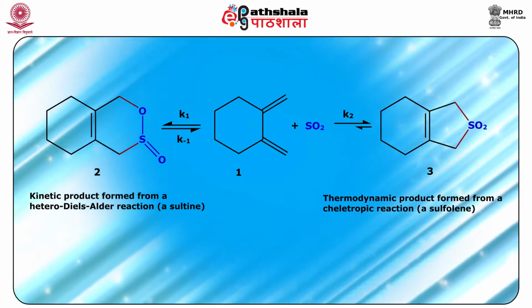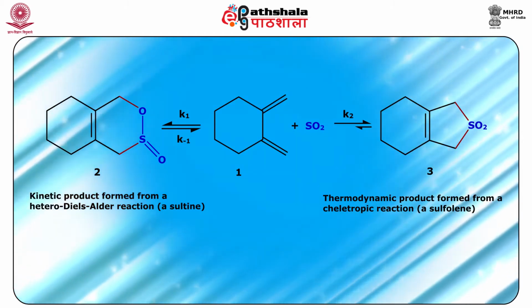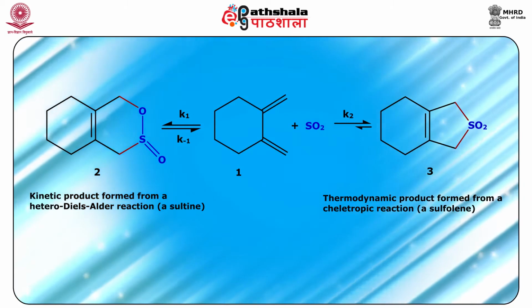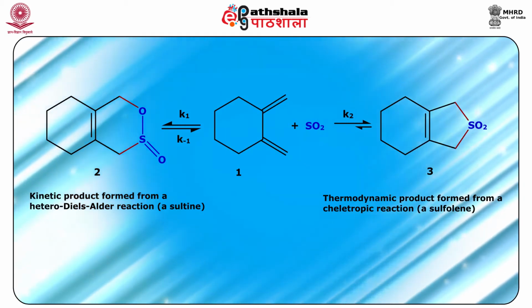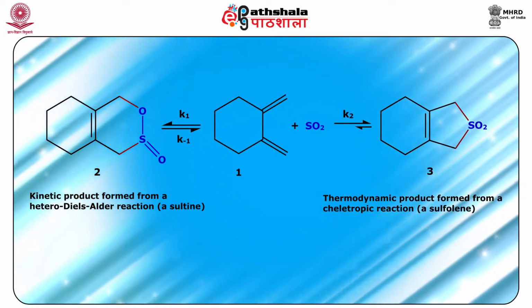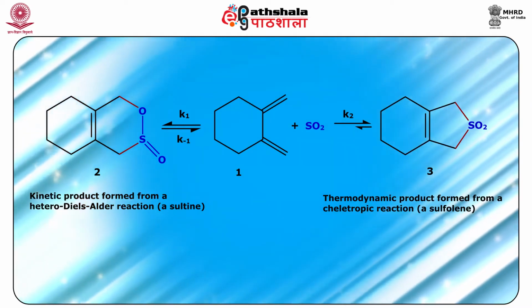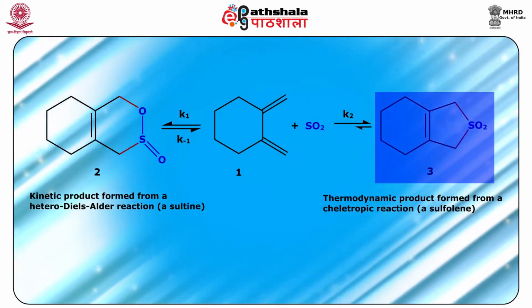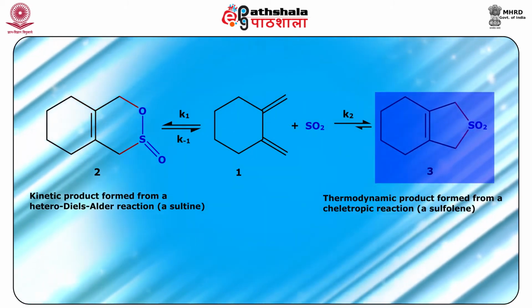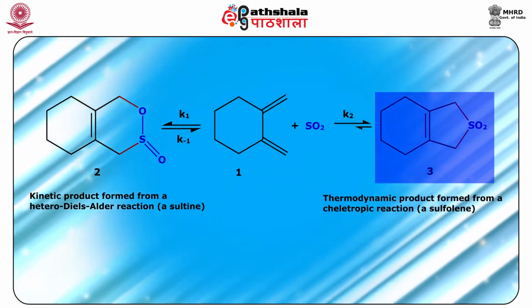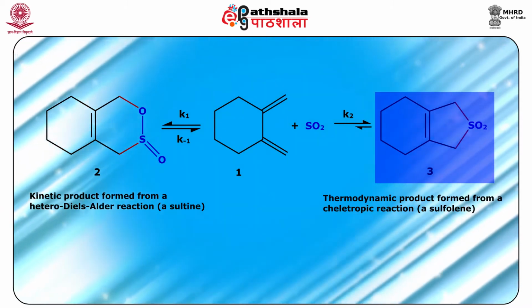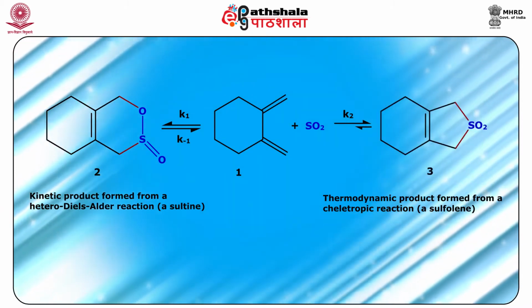A thermodynamically more favorable addition, that is a cheletropic reaction, then takes place, which is a 4+1 cheletropic cycloaddition, leading to formation of a stable 5-membered ring adduct labeled as number 3 in the above equation.